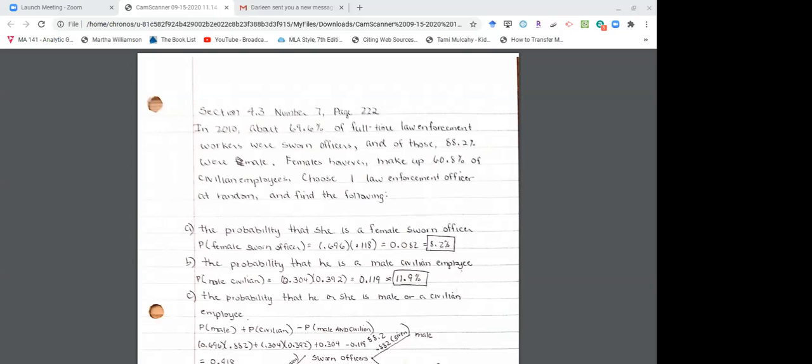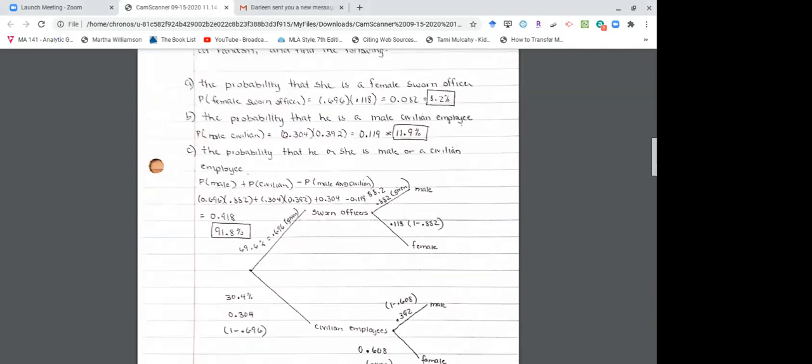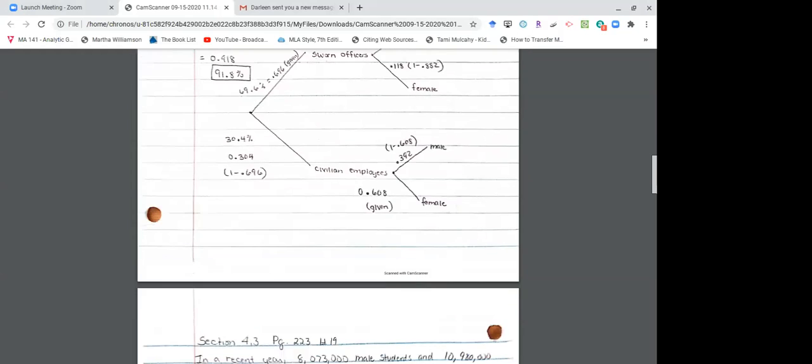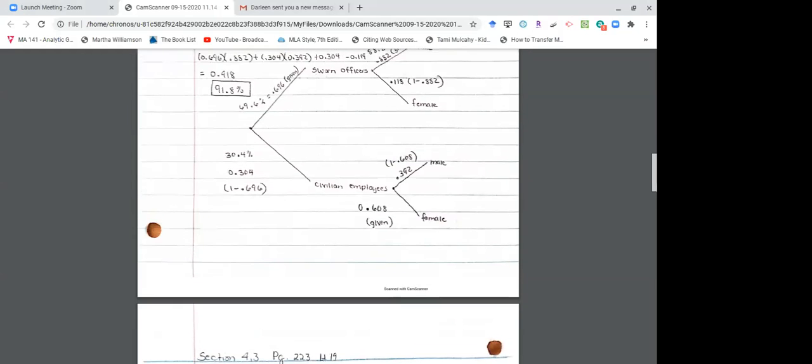So the first question says the probability that she is a female sworn officer. Female sworn officer. So I'm going to skip this part in the middle and go down temporarily to my tree diagram and show you what's going on with that.